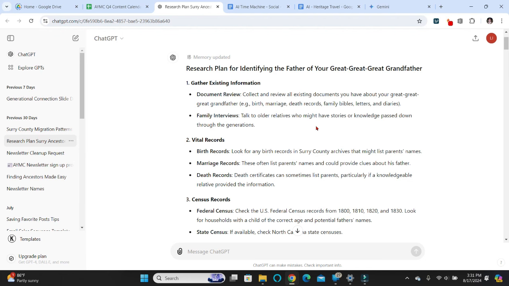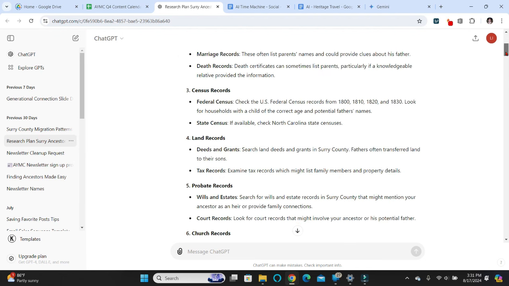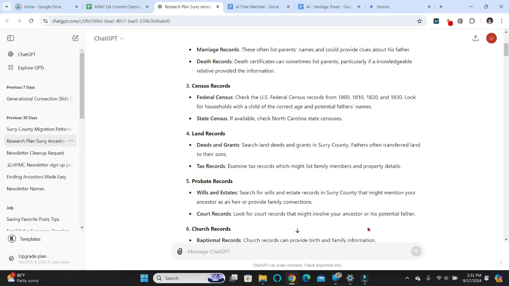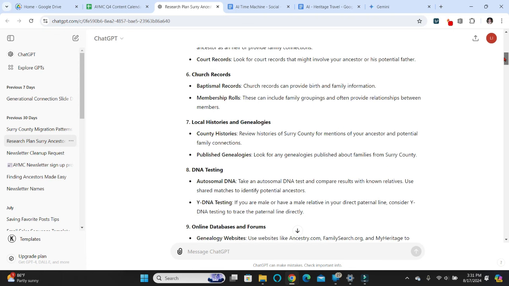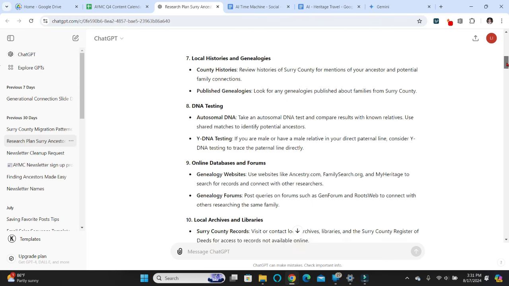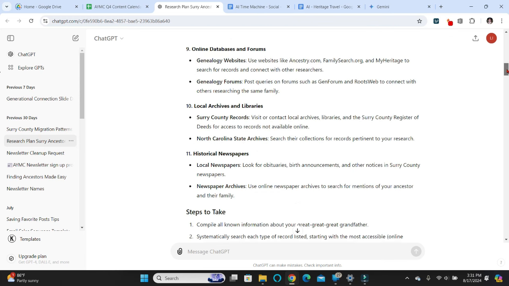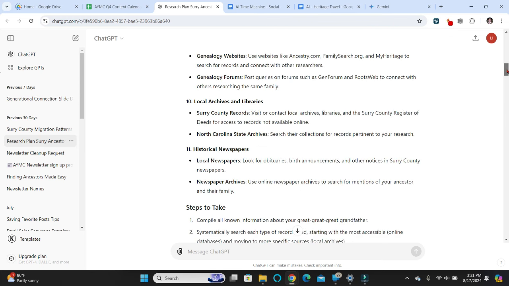It's telling me to gather existing documents, the vital records, census records, coming down, land records, probate records, church records, local histories, genealogies, DNA testing, online databases. So as you can tell, obviously, it is giving me pretty generic genealogy research. So if you are a beginning researcher, this is absolutely what we could work off of.